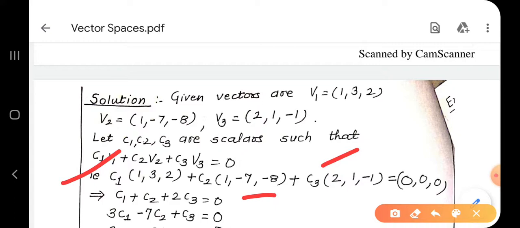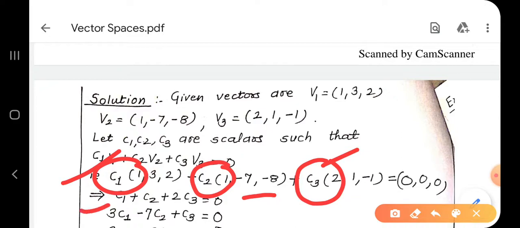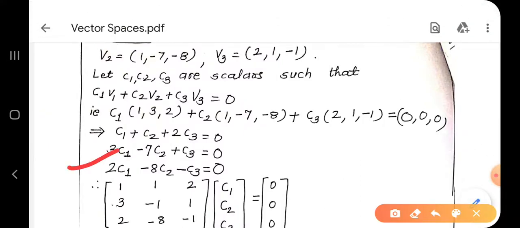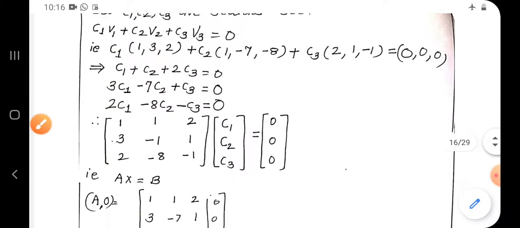Write down the equations. c1 plus c2 plus 2c3 is equal to 0. Next one is 3c1 minus 7c2 plus c3 is equal to 0. And the last one, 2c1 minus 8c2 minus c3 is equal to 0. These are the 3 equations. Write down in matrix notation.